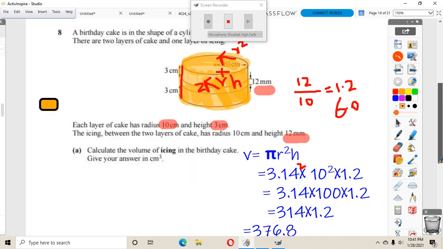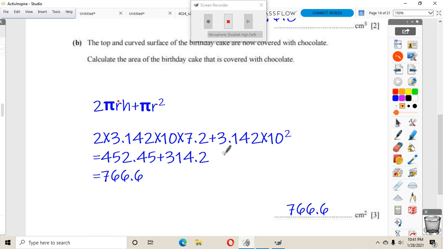Now when we calculate it, plus pi r square, then 3.142 times 10 squared. Multiplying 2 times 3.142 times 10 times 7.2 gives us 452.45. Then 3.142 multiplied by 10 squared, which is 100, we move the decimal two places forward, which gives us 314.2.